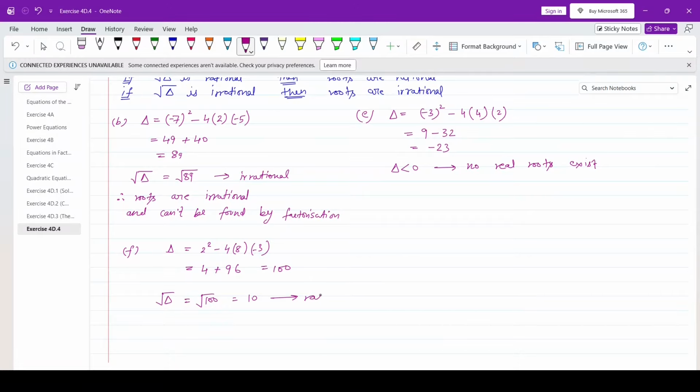Now this number is rational, hence the roots are rational and can be found by factorization.